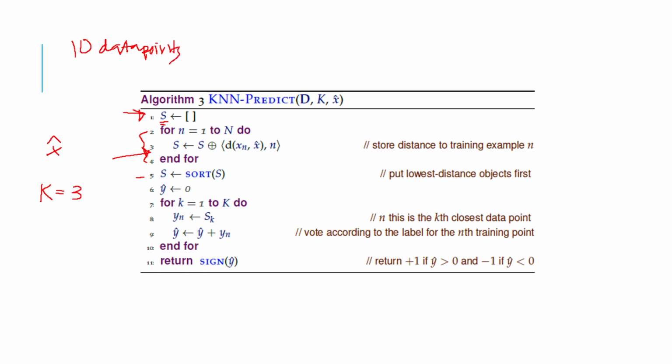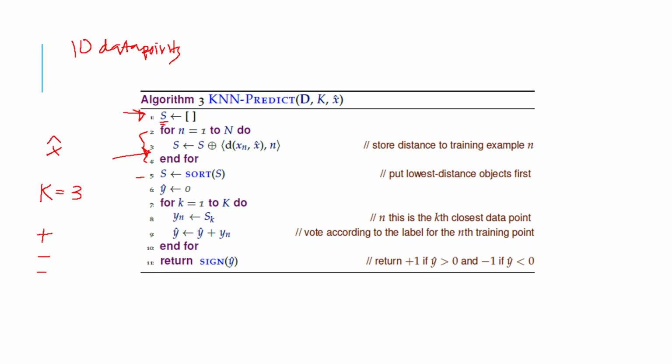And then let's say after sorting the distances and getting the 3 nearest training data, we have ended up with the first nearest training example being positive, the second nearest being negative, and the third nearest being negative.